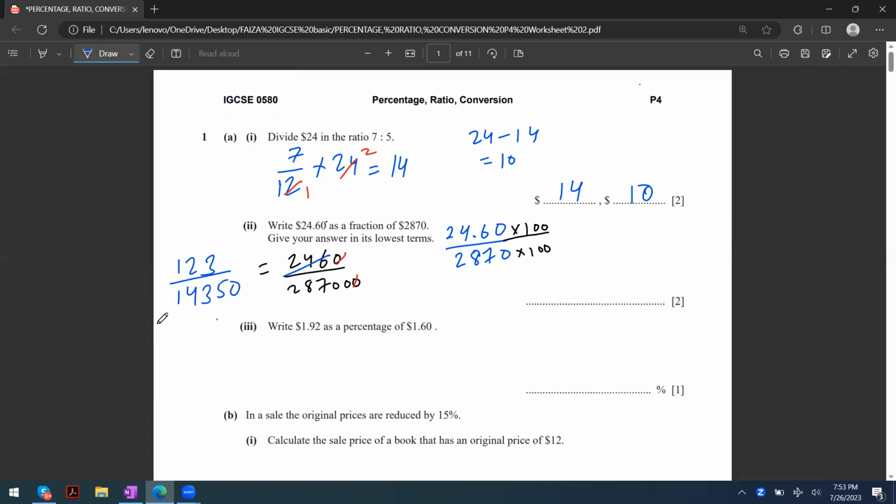Now you can do with number 3. No, 3 will not be possible. Any other number that can divide both of them? You can actually use calculator from here, because it's actually 41, but I found it using calculator.